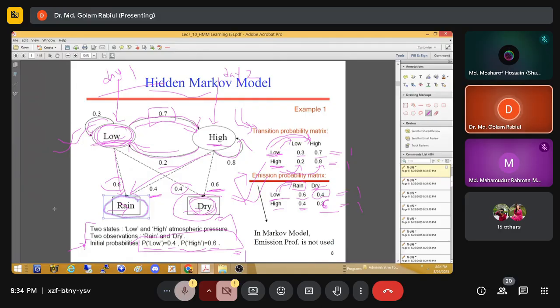And we have two kinds of observations, rainy day and dry day.